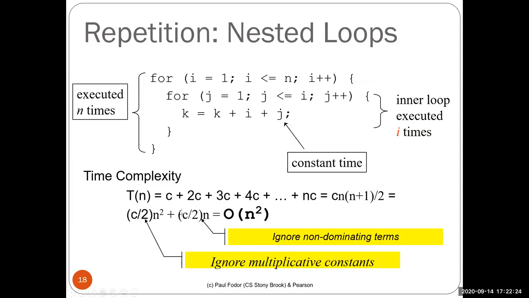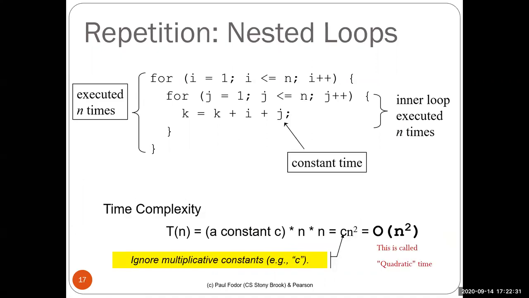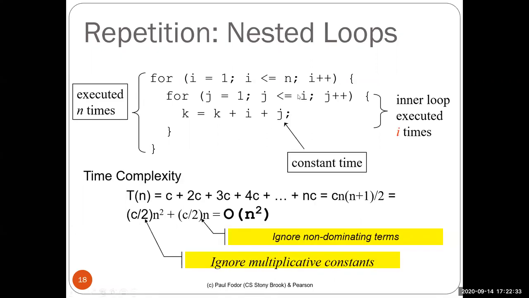So again, after dropping the multiplicative constants and the non-dominating terms, we are getting the same n squared that we got when we looked at iterating n times. Okay, so really what the big O notation measures is the growth rate, not the actual time that it takes to execute the algorithm.